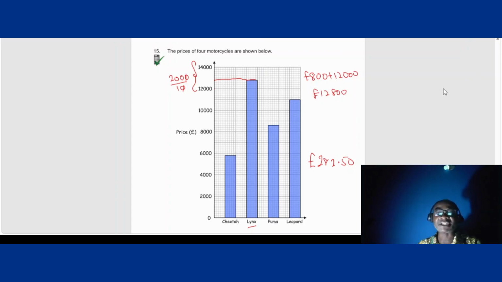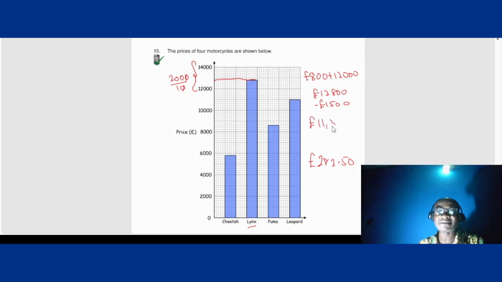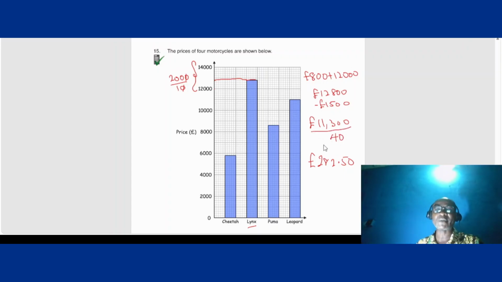Now, the deposit was 1,500. So we subtract 1,500 from 12,800, which gives a remainder of 11,300. That is the amount to be spread over the 40 monthly payments.